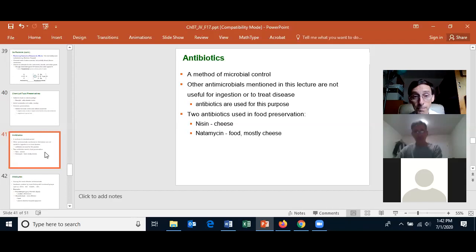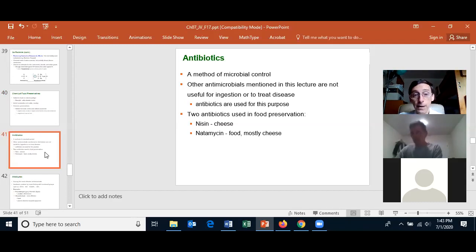It will prevent bacteria and mold from growing in the cheese. Natamycin is added mostly to cheese, but to other food as well, to prevent certain things from growing in the food, especially mold.